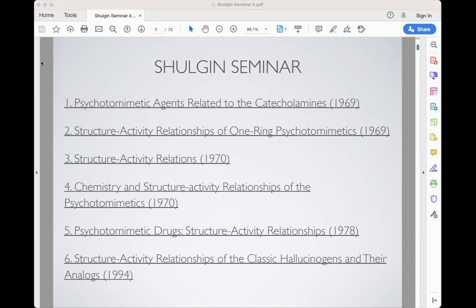Whereas, indeed, as Sasha mentions or hints at many moments, his drive, or why he did the chemistry the way that he did, was very systematically exploring how the change in the molecule results in a change of effects on the human mind, and then putting it all together into some kind of a map.